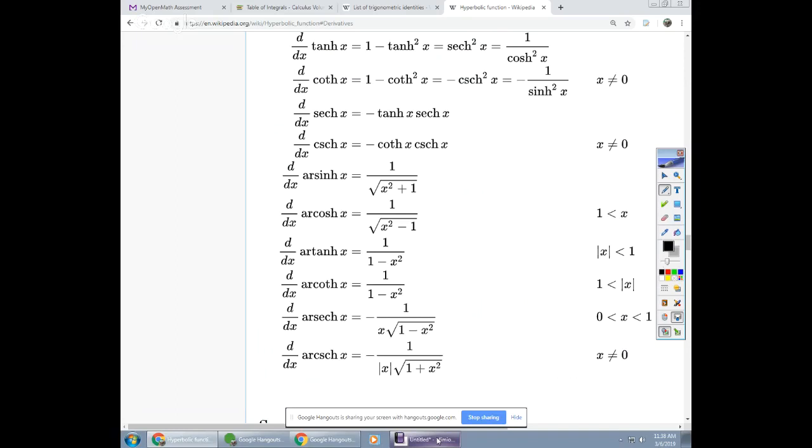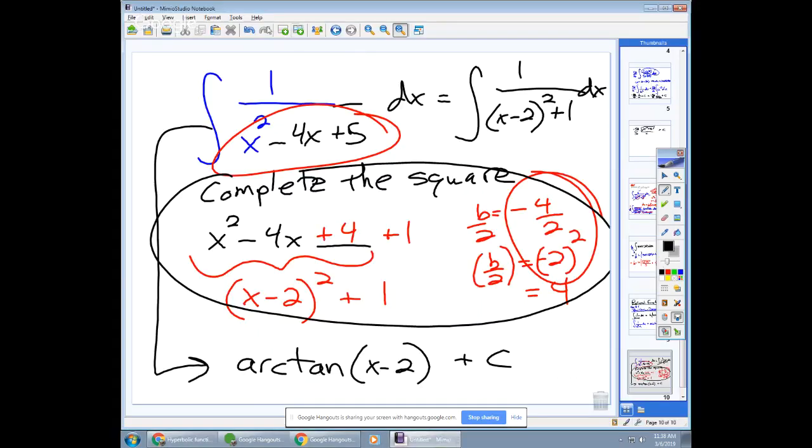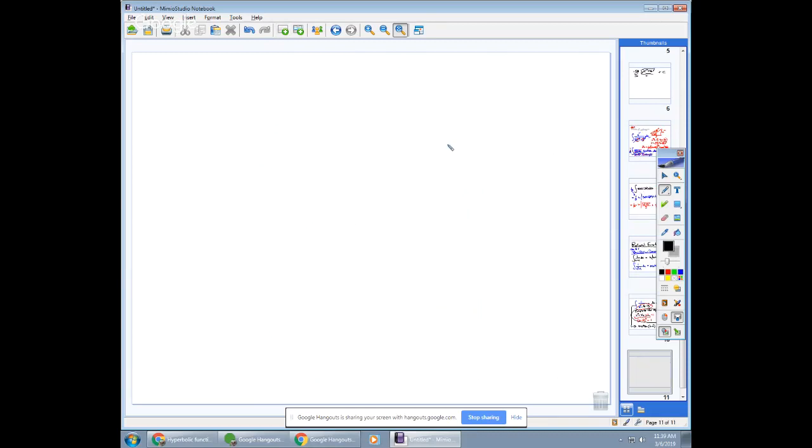All right, so here is another trick to show you. The function I just had, 1 over x squared minus 4x plus... let's see, does that work on that one? Is that a factor?